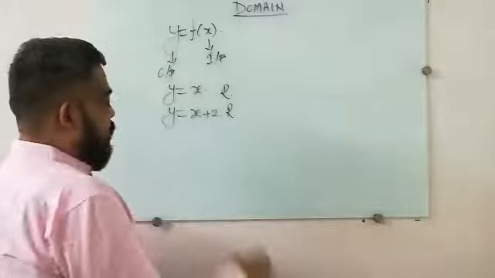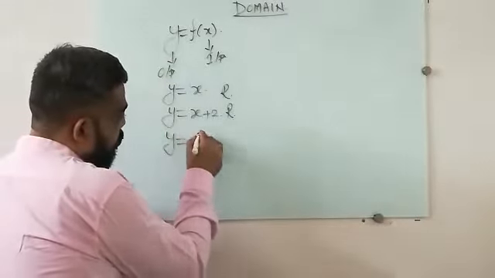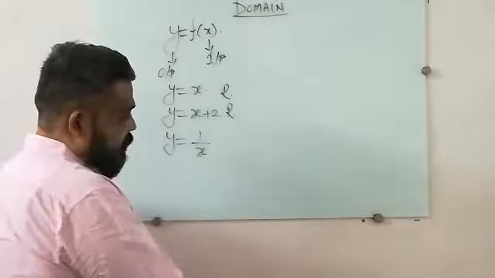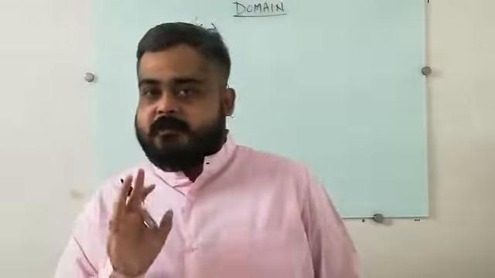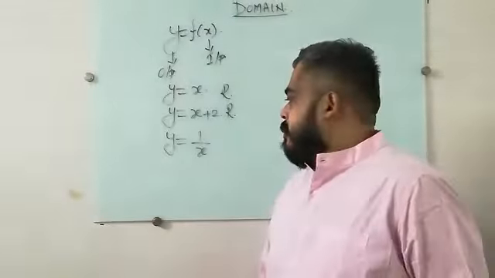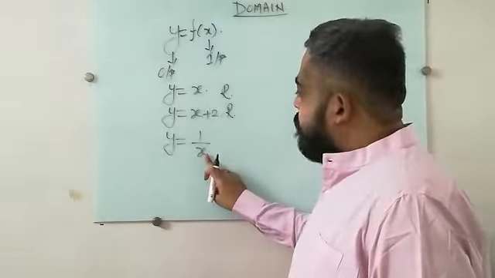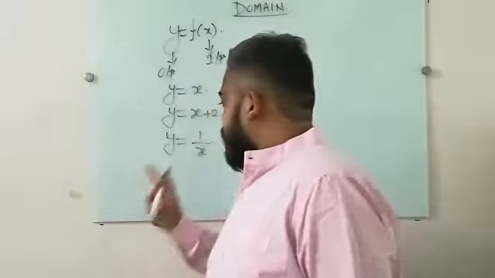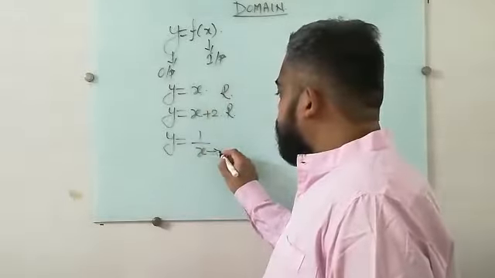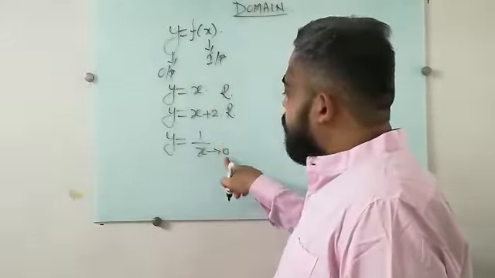Let us consider another function, y equal to 1 by x. Now here we have to be a bit careful. Why? Because if we substitute x equal to 0 here, we will get 1 by 0.